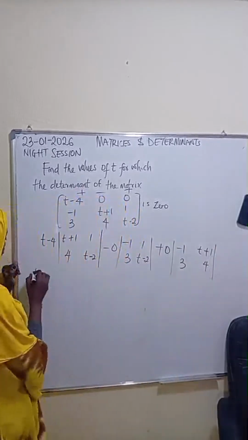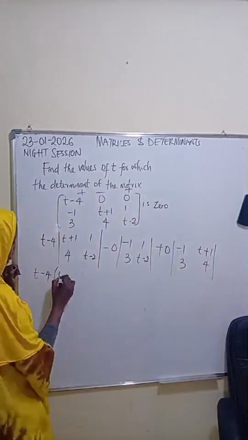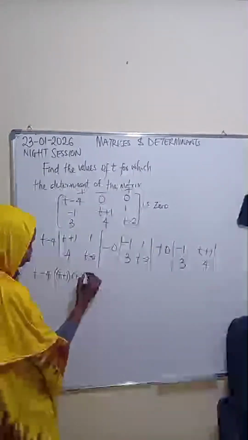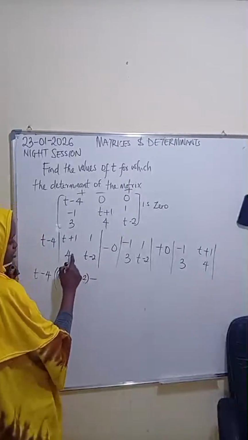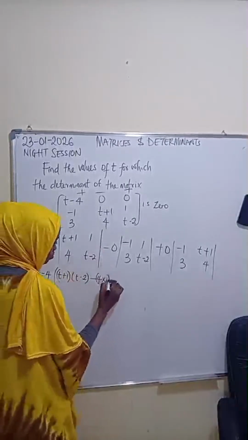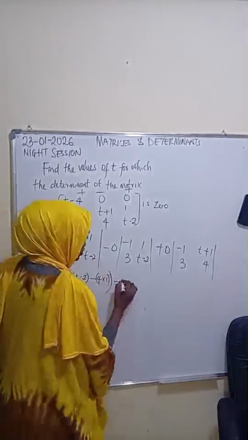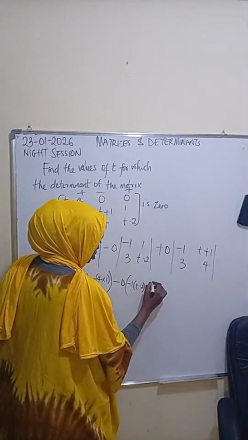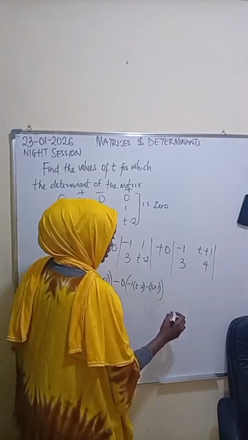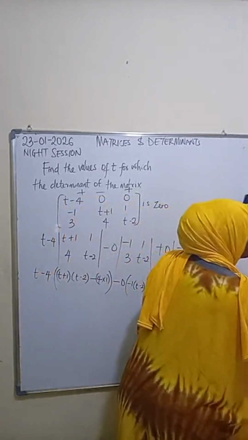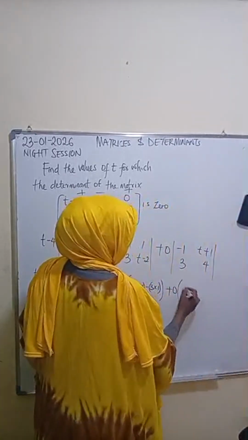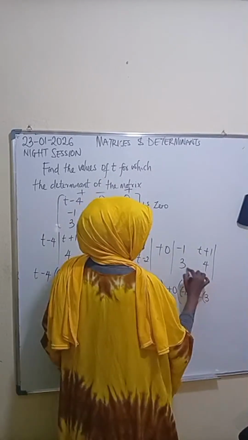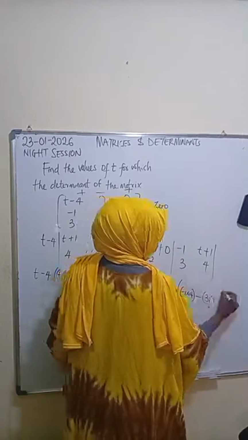So let's do this now. Here we have t minus 4. Now let's multiply: t plus 1 times t minus 2, minus 4 times 1, close bracket, then minus 0 times minus 1 times t minus 2 minus 3 times 1, close the bracket, then plus 0 times open bracket, minus 1 times 4, minus 3 times t plus 1, close bracket.